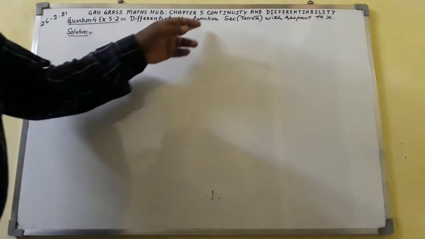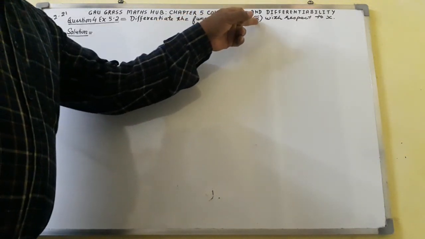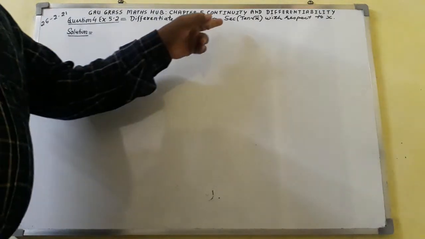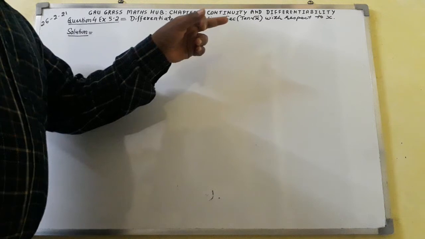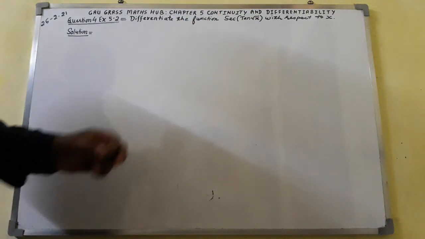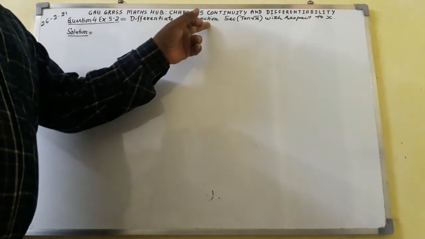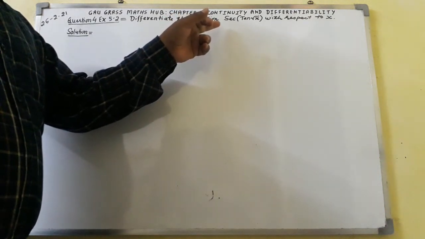Solution. Here you can see the given function sec tan √x. The given function consists of three different functions. The given function is the composite of different functions.